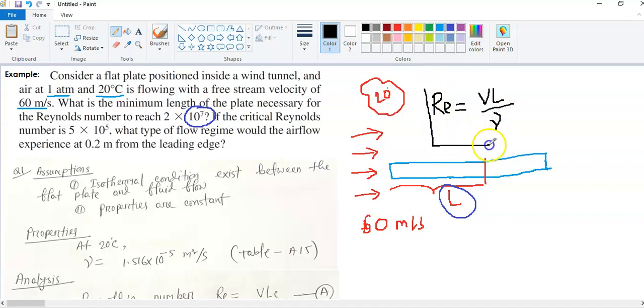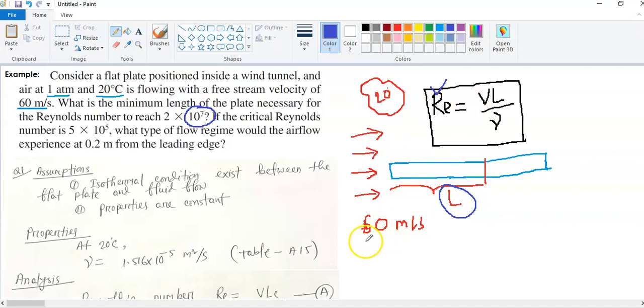We know from the theories, this is just one definition of the Reynolds number. So that means the Reynolds number depends on velocity, the length of the domain, and the kinematic viscosity. Here we already know this Reynolds number. It is 2 × 10 to the power 7.